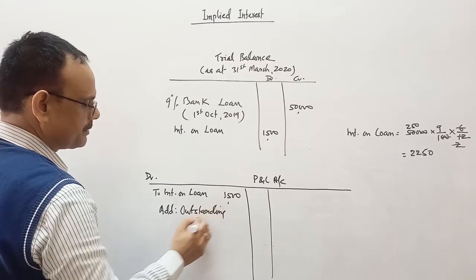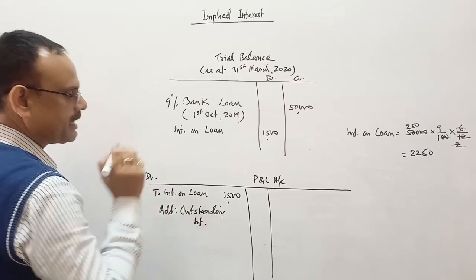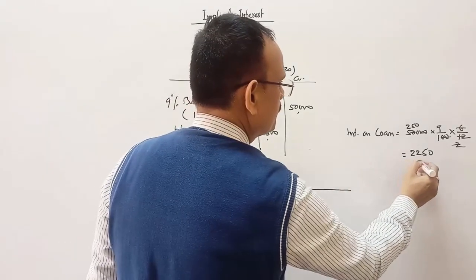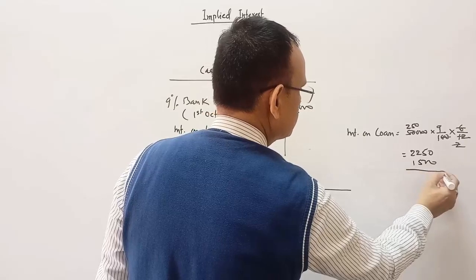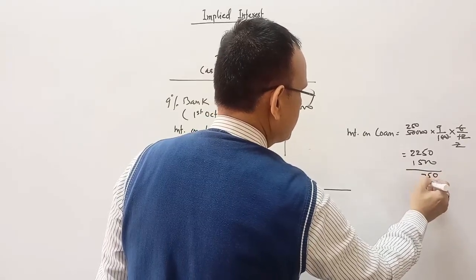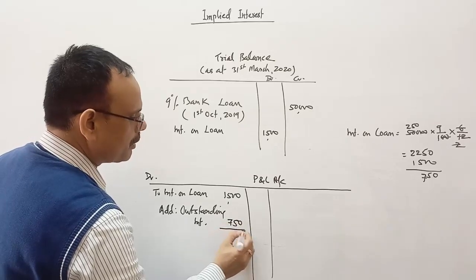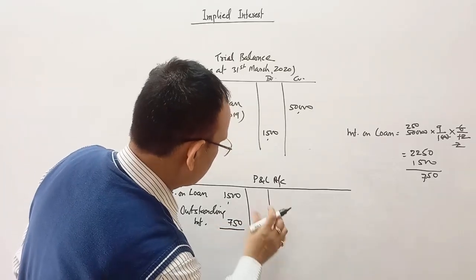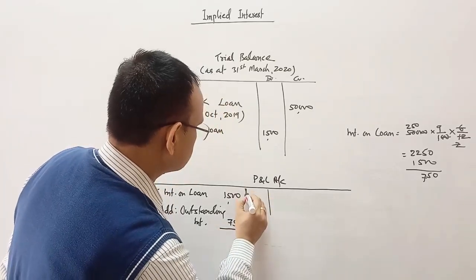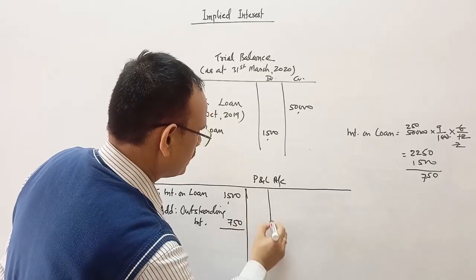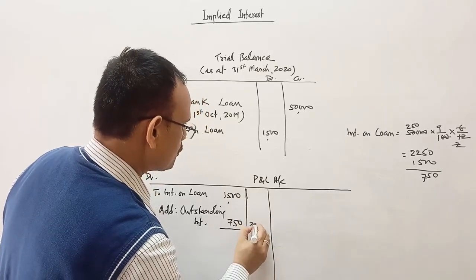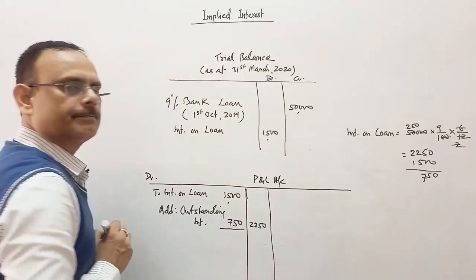Outstanding interest is how much? 1500 is given in the trial balance, so the rest, 750, is the outstanding interest. In the outer column you write the amount 2250.